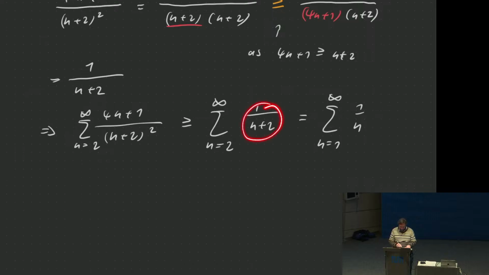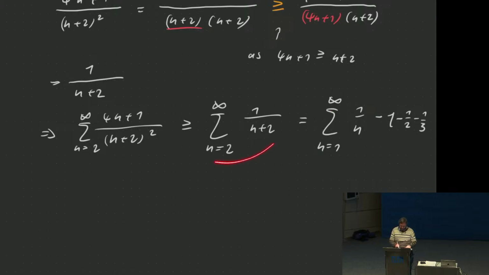So basically this starts from 1 over 4, this starts from 1 over 1. So if we want that to be the same, we subtract 1 over 1, we subtract 1 over 2, we subtract 1 over 3. The 1 over 4, over 5, over 6, and so on, we just leave those because they are also contained in this first sum here.